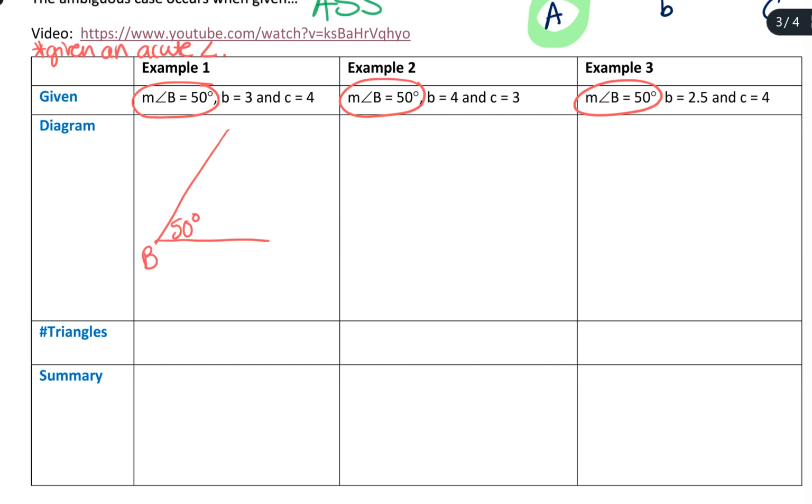This would be 50 degrees. And then side B is obviously opposite that. So here's a 3. And then side C, I'm always going to put on the left side. So that means this would be angle C and the top would be angle A. So take a moment to pause the video and get the other two diagrams drawn so that when you're listening to the next part, you can keep up and write down what you need to write down.